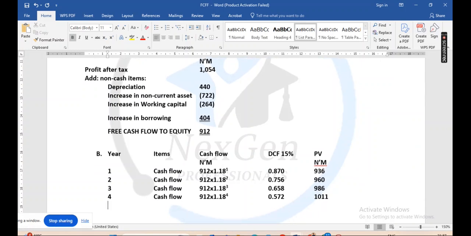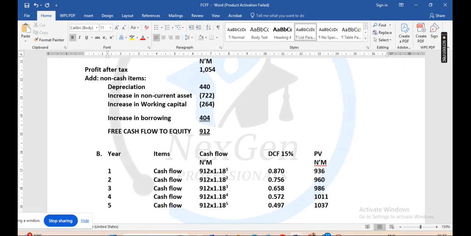Good. In the fifth year, this is 5. So what do we have here? 0.497. Good. So what do you have here? 1037.